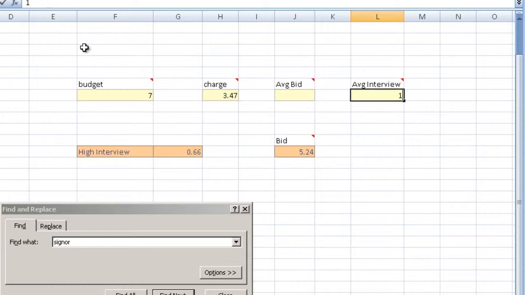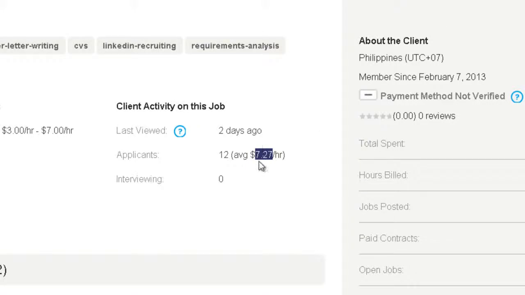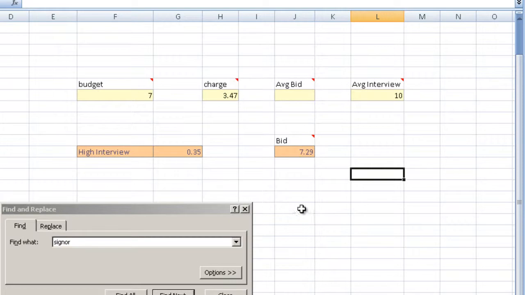So that's another reason why it's important to consider the average interview amount. In this case, let's enter $10, and you can see that the bid is now higher than the budget. That gives a good example of how the bid can be adjusted if the charge is less than the budget.